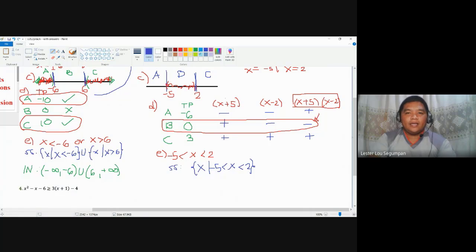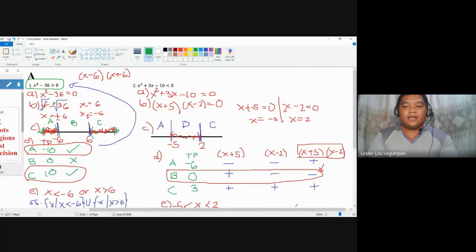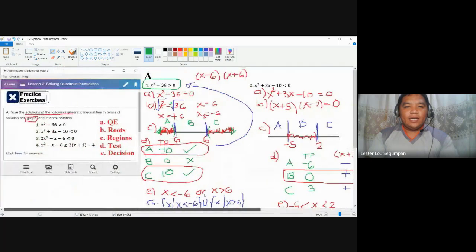And then our interval notation is everything between negative 5 and positive 2, open in both directions. So this is how it's done for number 1 and number 2.